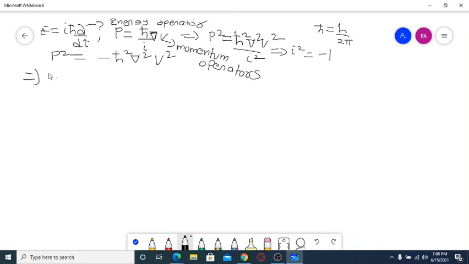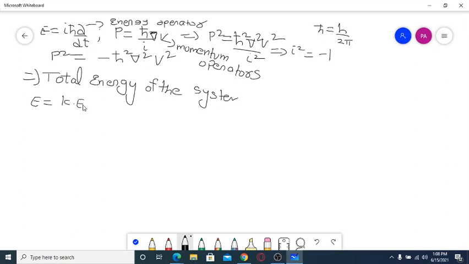Now we move forward. What is the total energy of the system or the particle? E is equal to kinetic energy plus potential energy.